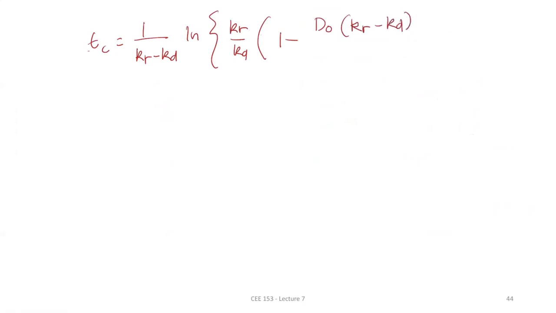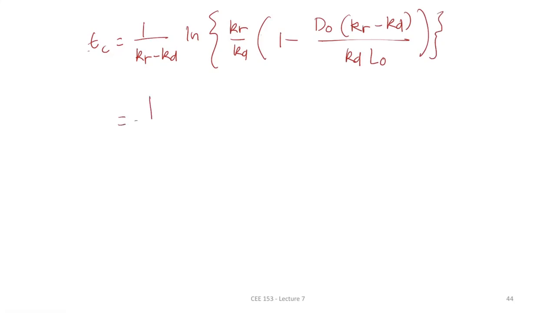TC is 1 over KR minus KD, times ln of KR by KD, times 1 minus initial deficit times KR minus KD, divided by KD L0. Okay.